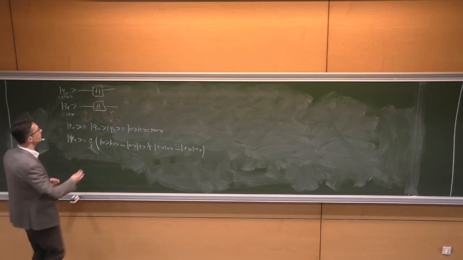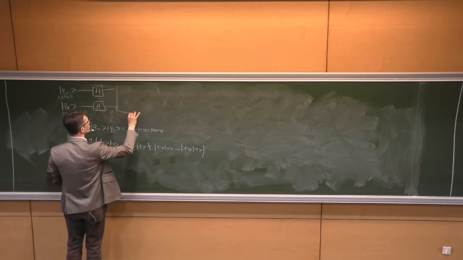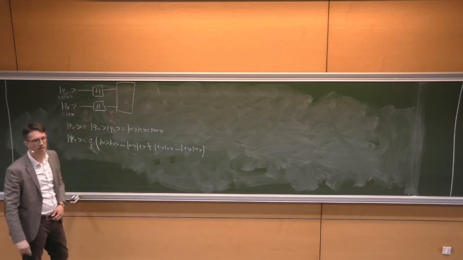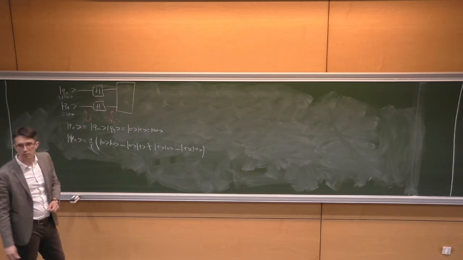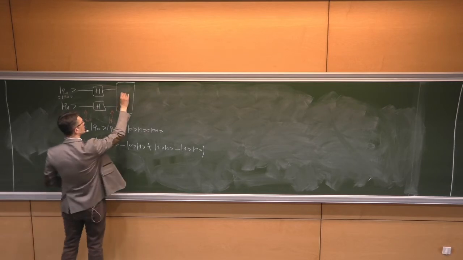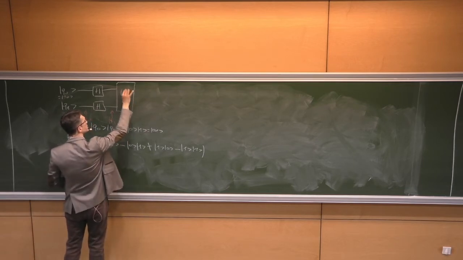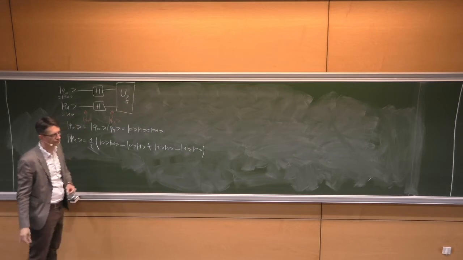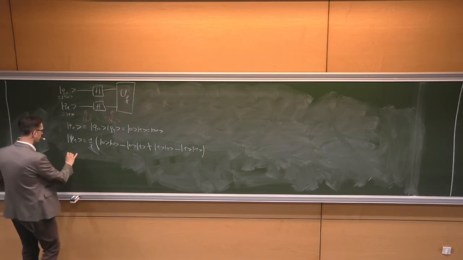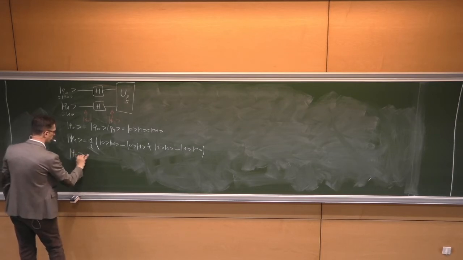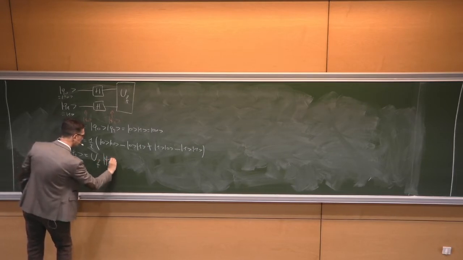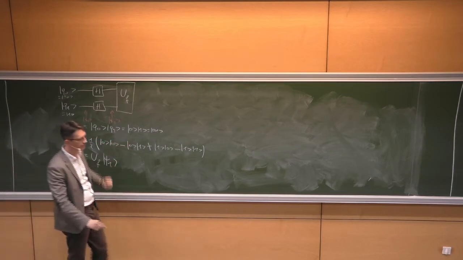And then I put these two qubits into a box, which is going to be a 2-qubit matrix, with the specific 2-qubit gate that I call U of F. U of F has to be a matrix, so psi 2 is applying U of F on psi 1, which is the 2-qubit state that we have here.